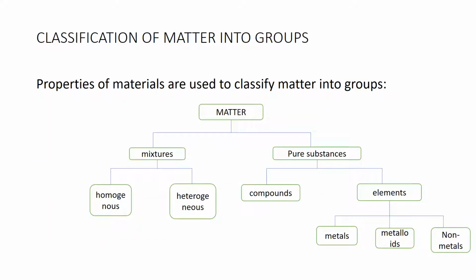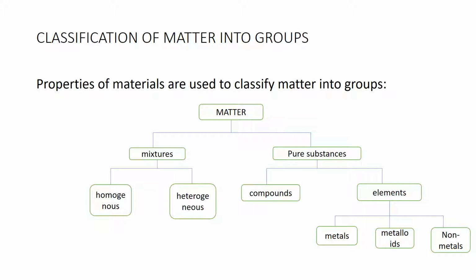So how do we classify matter? Matter can be classified into mixtures and pure substances. Mixtures can be further classified into homogeneous mixtures and heterogeneous mixtures. We will see as we continue what the difference is between these two types of mixtures. Then we have pure substances, which can be further classified into compounds and elements.